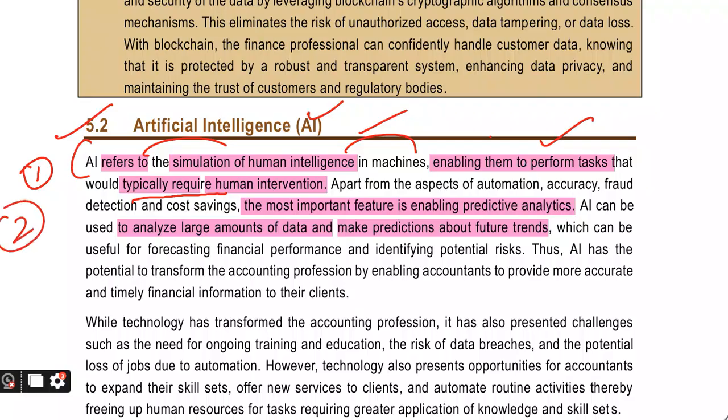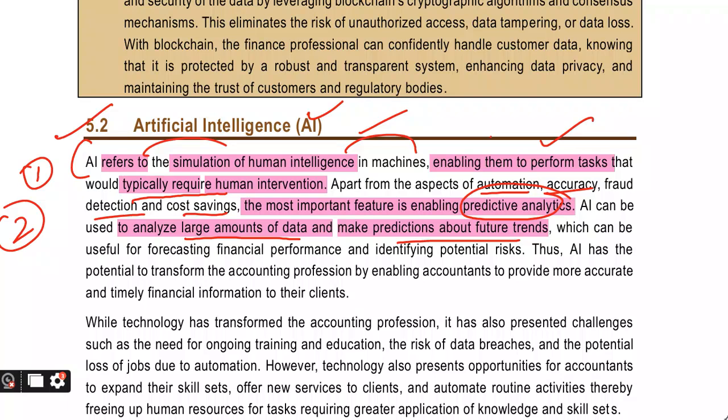Second point is that, apart from the basic things like automation, accuracy, fraud detection, and cost savings, the most important feature of AI is predictive analysis. What is predictive analysis? Analyzing a large amount of data and making predictions about future trends. Why do we have to predict future trends?